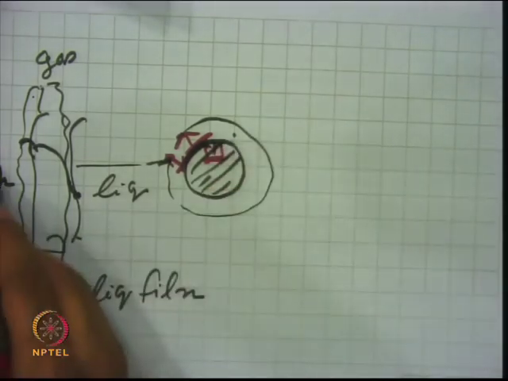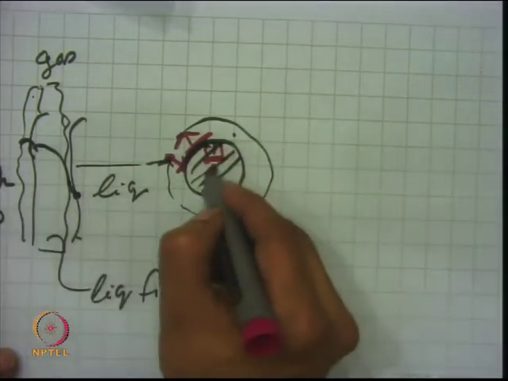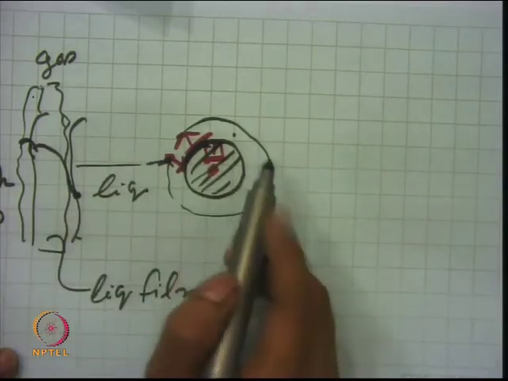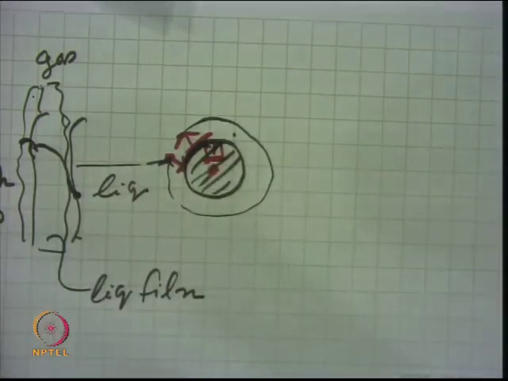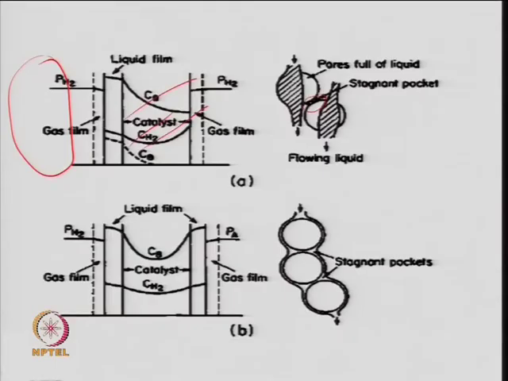It means that from this point to this point the gas has to reach first, and this is just pictured here: the gas film, the liquid film, and then there is a solid catalyst. There will be a concentration difference in the pore, and then your product will form, and this is a symmetry, from both sides. Here it is again, the catalyst surrounded by a film of liquid, and then there is a gas, because both are coming from the top.